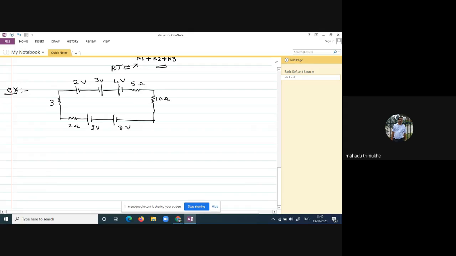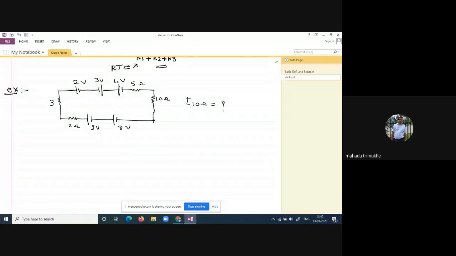Find out the current flowing through this 10 ohm resistor. You can find out and tell me what is the answer. Are you ready? Are you solving or not? You should solve and tell me the answer.